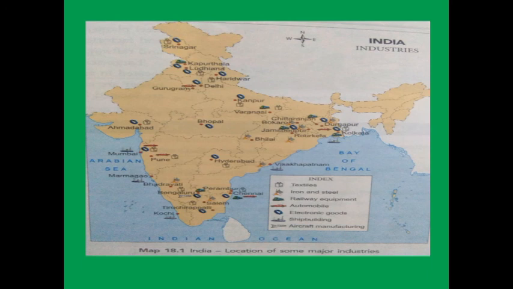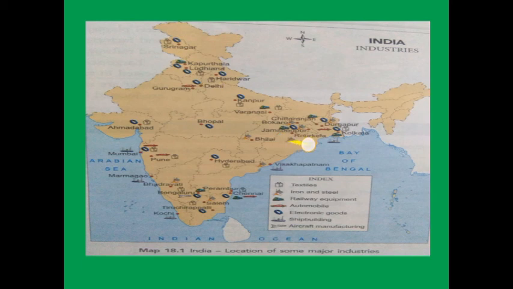Here one railway engine is made, that is railway equipments, and the places where you can get railway equipments are Chittaranjan, that is in West Bengal, Kapurthala, Punjab, Varanasi, Uttar Pradesh, and Perambur, Tamil Nadu. So where these places are in our map: Kapurthala at the top near Ludhiana, then Chittaranjan here near Bokaro.